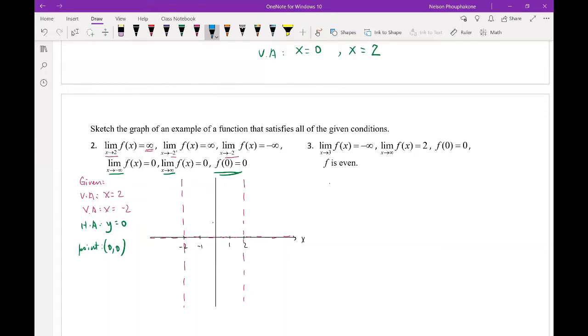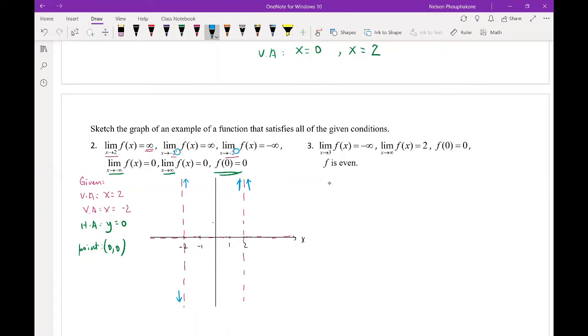The limit as x approaches 2 of f of x goes to infinity. So therefore, in this case, from the left and from the right, it goes to infinity. As x approaches 2 from the right-hand side, it goes to infinity, and from the left-hand side it goes to negative infinity.